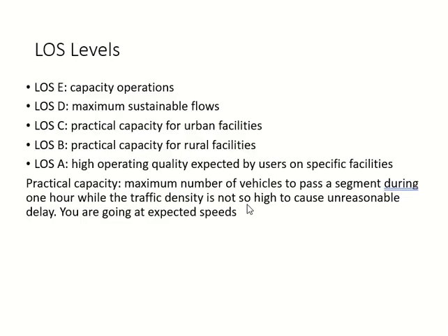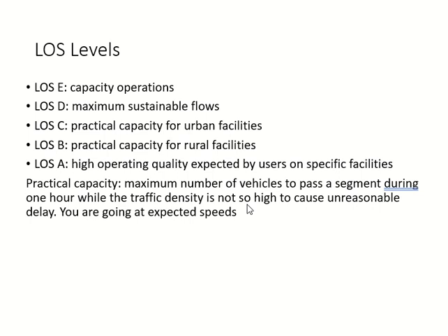As I mentioned, levels of service go from A to F. Here you see a small description; I will give you a more detailed explanation later for levels of service A to E. A is free flow, high operating quality. B is considered practical capacity for rural freeways or rural facilities.